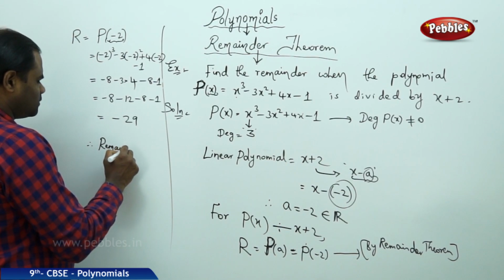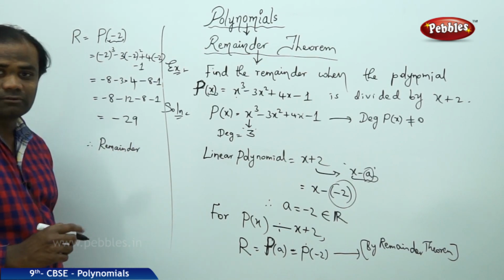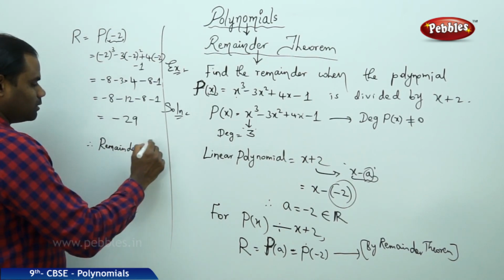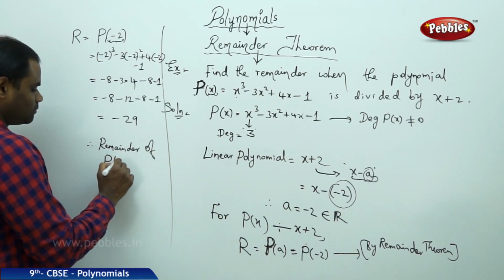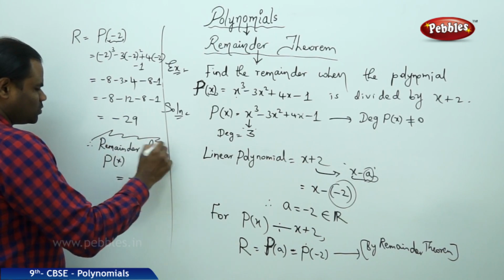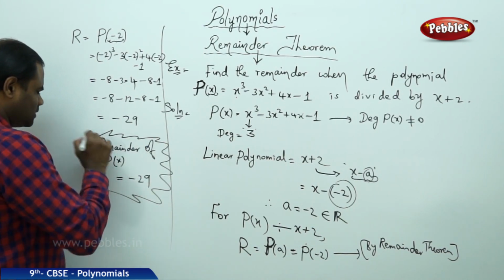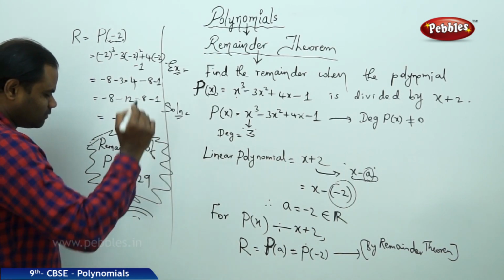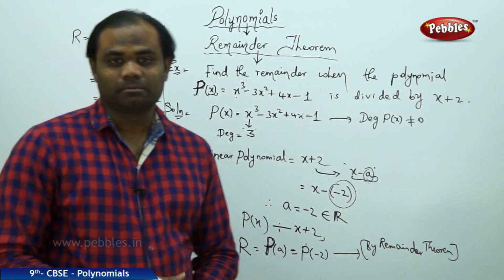Therefore, I get the value of the remainder for the given polynomial. The remainder of p of x is minus 29, which is what I get finally using the remainder theorem.